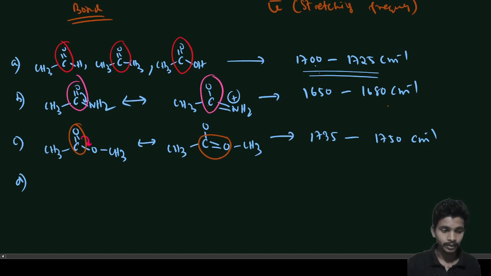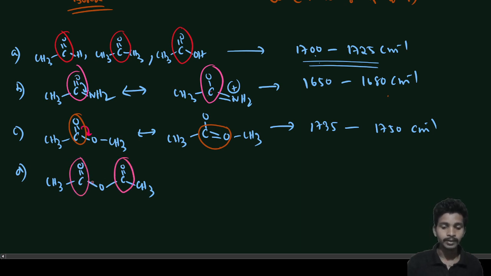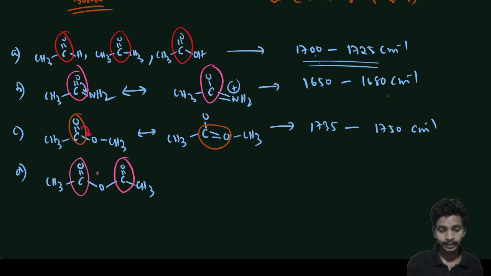Now the third case, the third structure, let's say where the C=O is available, that is CH3 CO O CO CH3, the anhydride group. So here we see that here also a C=O bond is there, here also a C=O bond is there. If in a functional group two or more than two atoms are identical, then they will give two peaks. And here we see that resonance is there for this C=O. So this value will increase, and since the same two groups are there, it will give two peaks.